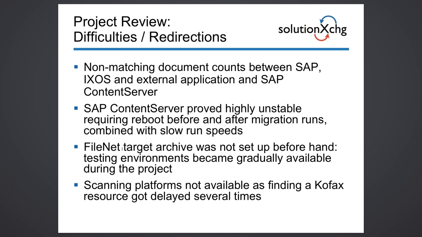Also, we learned that it's very important that the target archive is set up completely and there are no dependencies. In our case, the FileNet system had not been set up before, and it was actually impacting some of our project timelines. There were delays there that forced our migration project to be pushed out, the start of it, by a few weeks, because the target system was not up and running and ready.